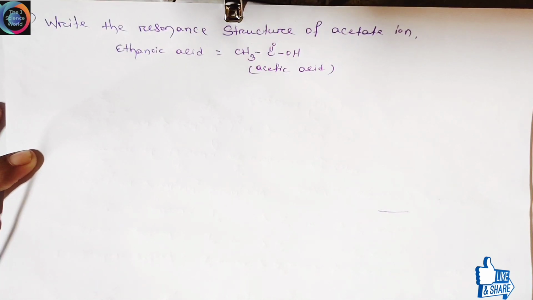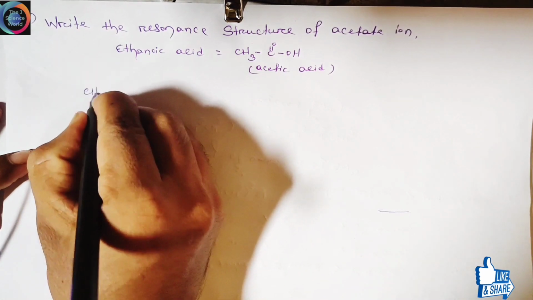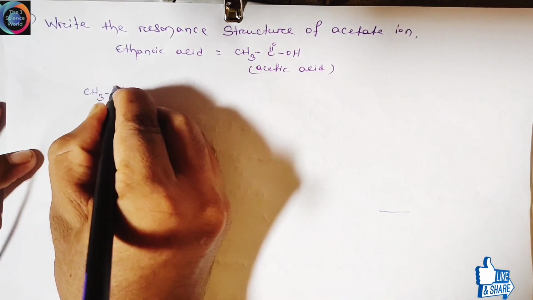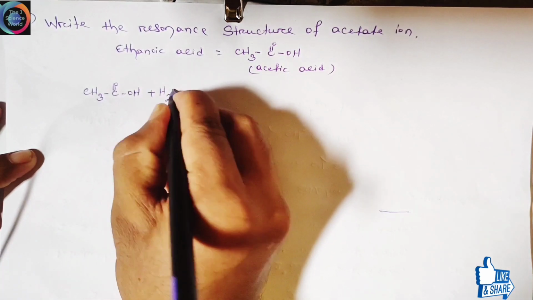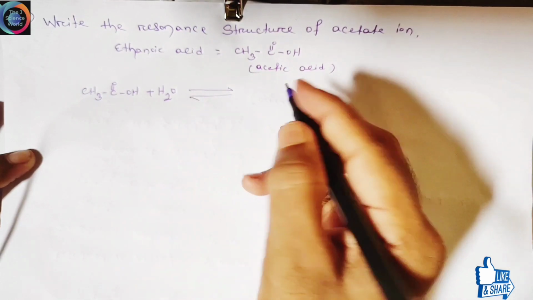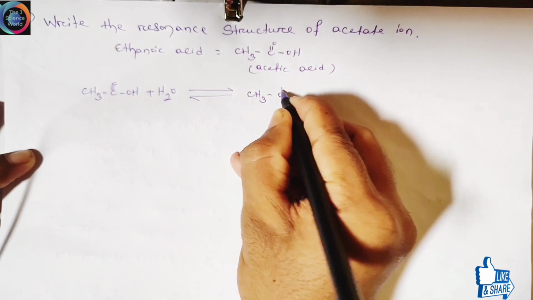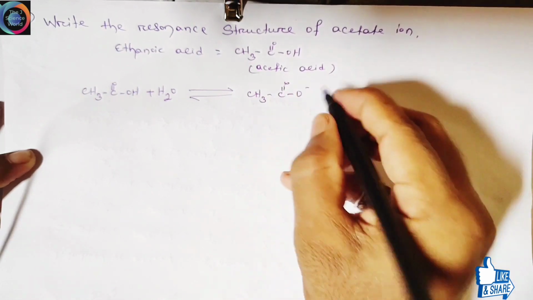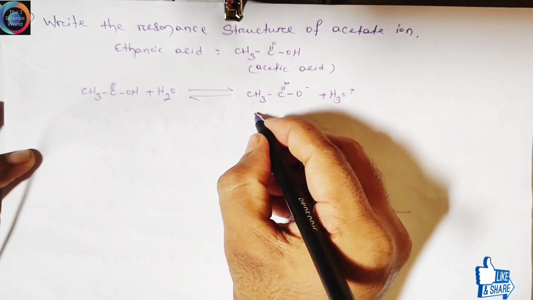But friends, when this compound dissociates, we find the acetate ion, that is CH3, this is our acetate ion.